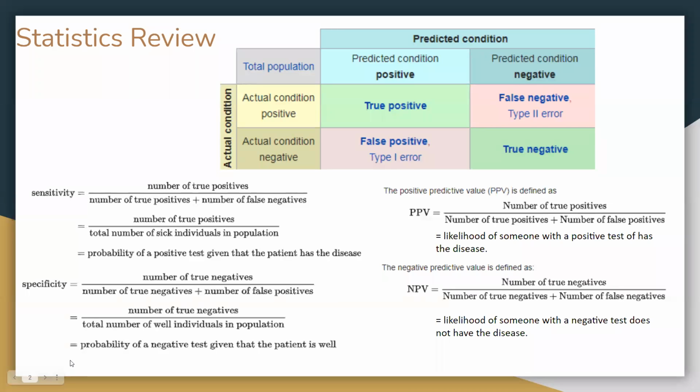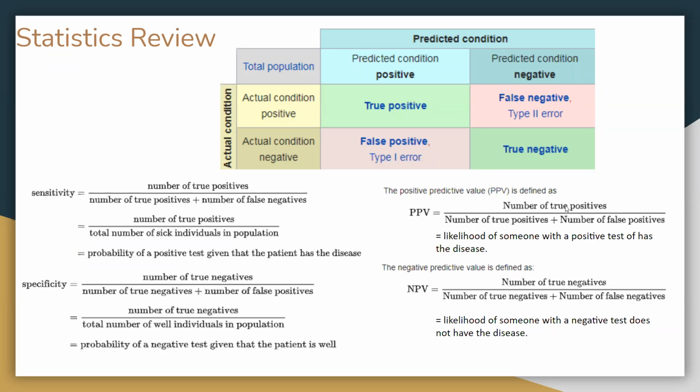On the other side of it, there's the concept of specificity, which is calculated by taking the number of true negatives and dividing it over the number of true negatives and the number of false positives. And that gives you the probability that you get a negative test for a patient that is negative for the condition. Other things that you can calculate on this table, the positive predictive value, it tells you the likelihood that someone with the disease is going to be positive for the test.